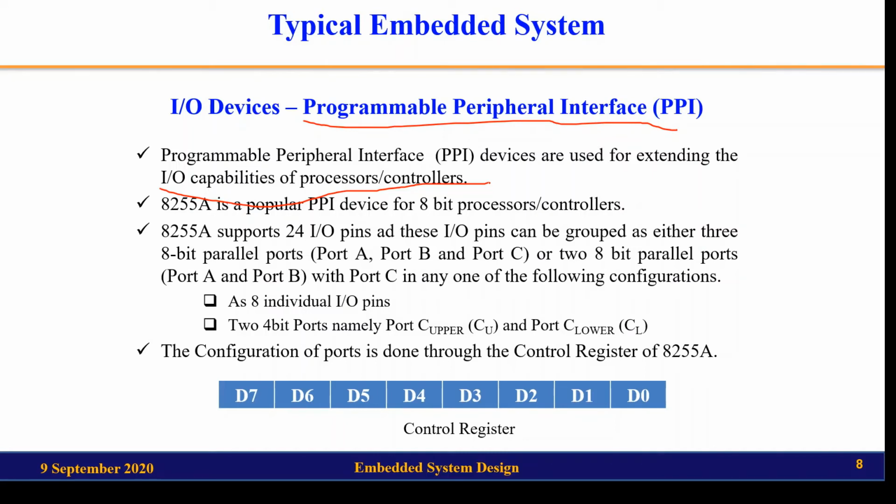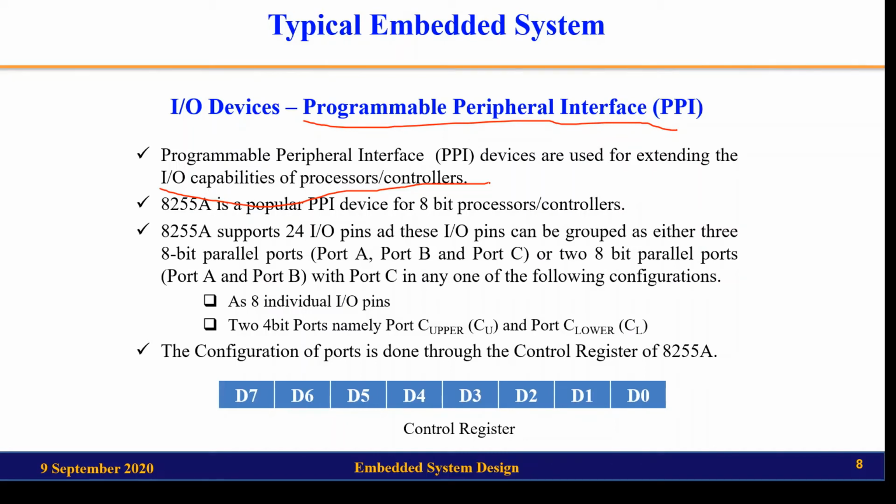Coming to the second configuration, only A and B are considered as the 8-bit parallel ports, but C can be considered as individual I/O pins, or it can be considered as two parts, CU and CL, that is C upper and C lower.